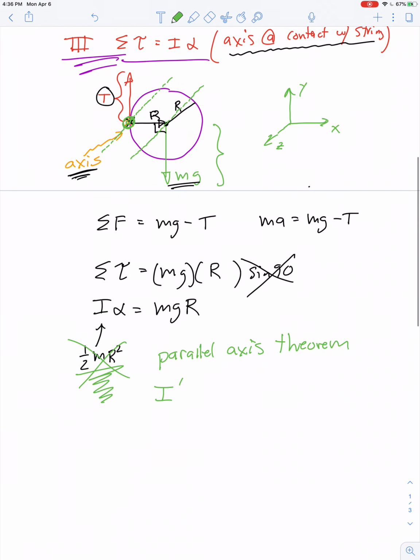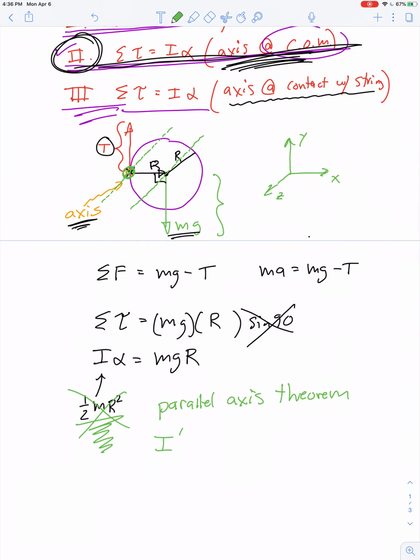So the rotational inertia about the prime axis versus the original axis. The equation goes something like this. The rotational inertia about the prime axis equals the rotational inertia about the axis that passes through the center of mass plus the mass of the whole object multiplied by whatever distance you shifted the axis squared.